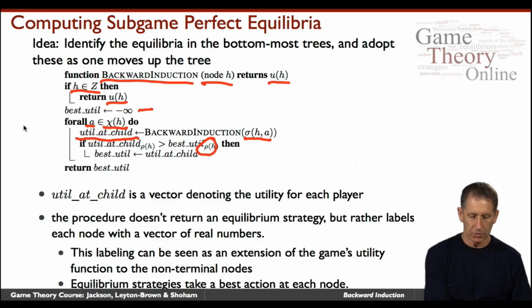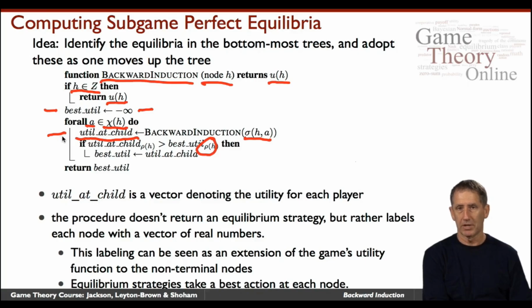So we have two vectors, notice, best util and util at child. Best util is the best we found so far, best for a particular agent, and util at child is what we found at a particular child. We'll be going over all the children one at a time, and if ever the util at child is better for the agent than the best util so far, we'll update the best util.